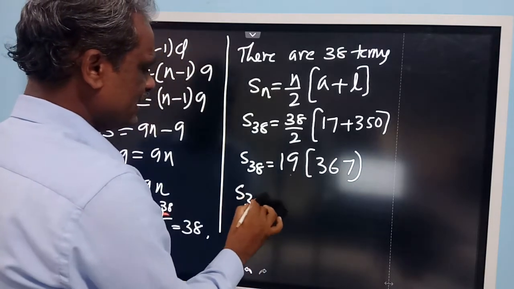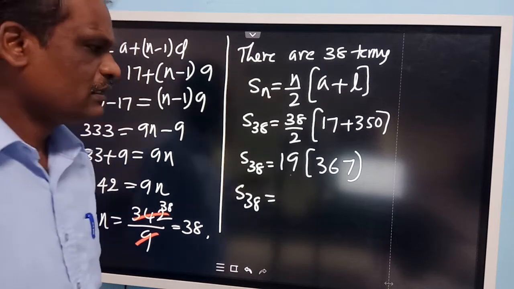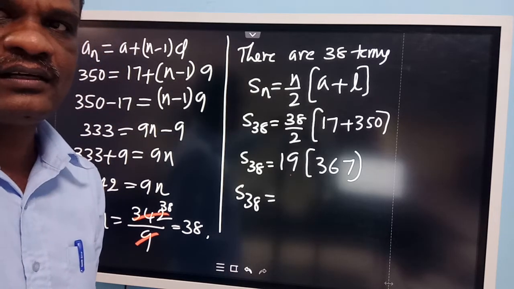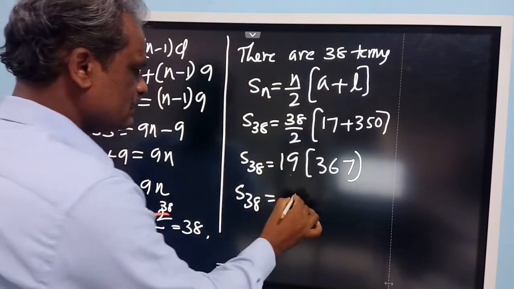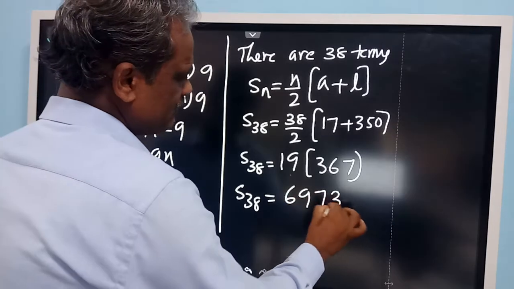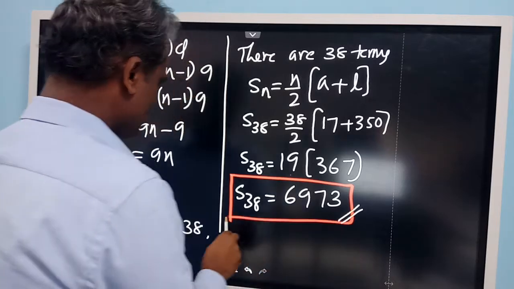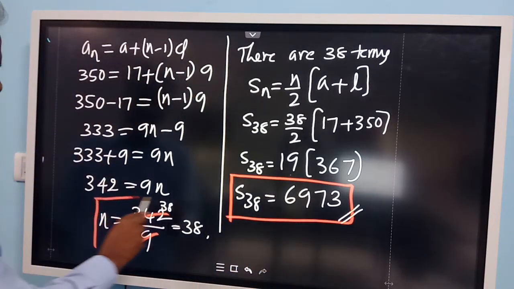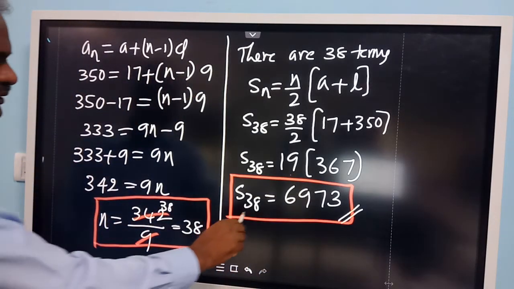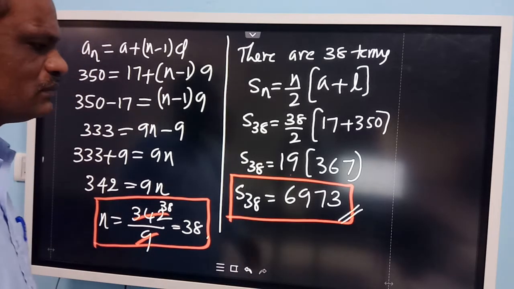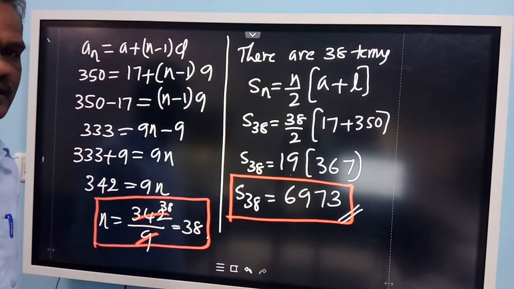So S38 is equal to the product of 19 and 367. You will get 6973. So this is the sum of 38 terms of this progression. You got the value of n, that is 38, and S38, the sum of 38 terms, is 6973.